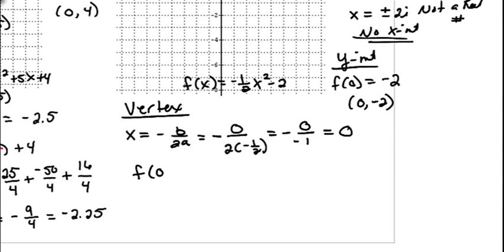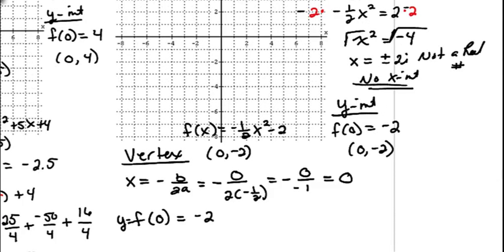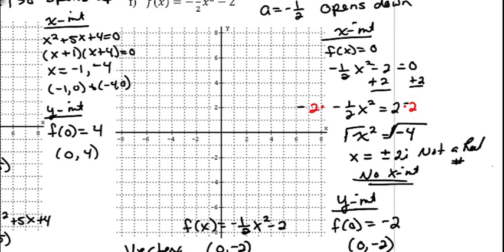So for the y-coordinate, we want to find f of 0. And for this one, that was negative 2. So our y-intercept and our vertex are the same thing. So 0, negative 2 is my vertex.